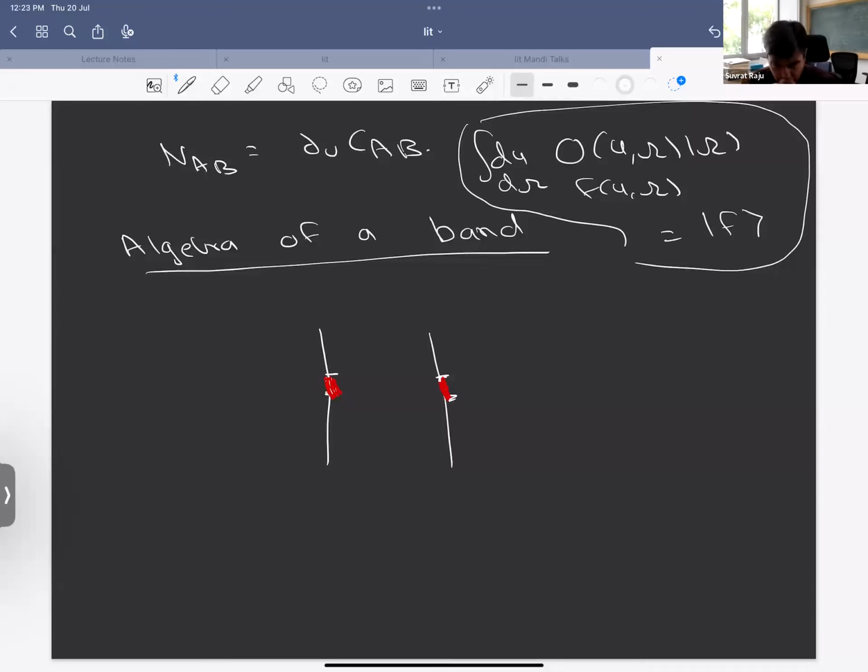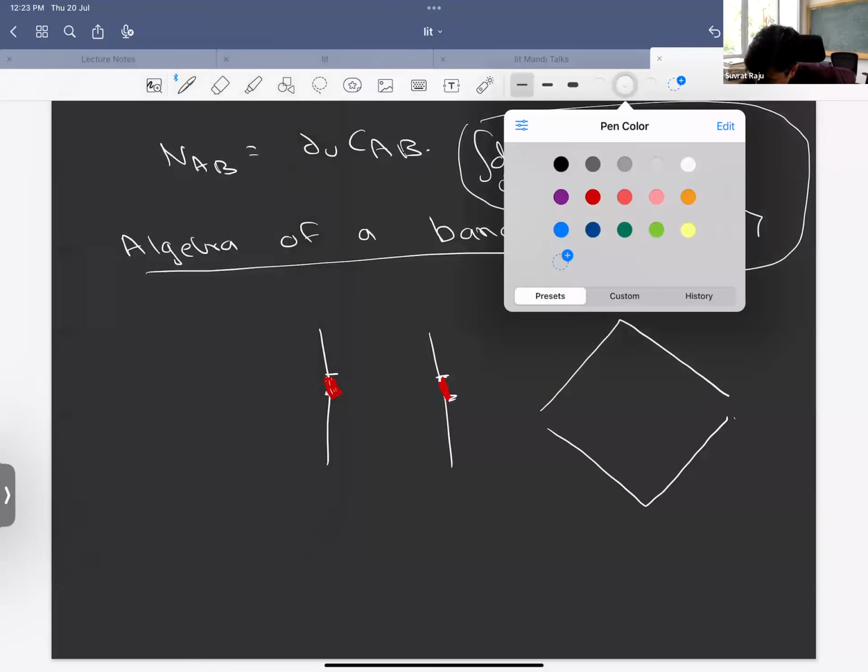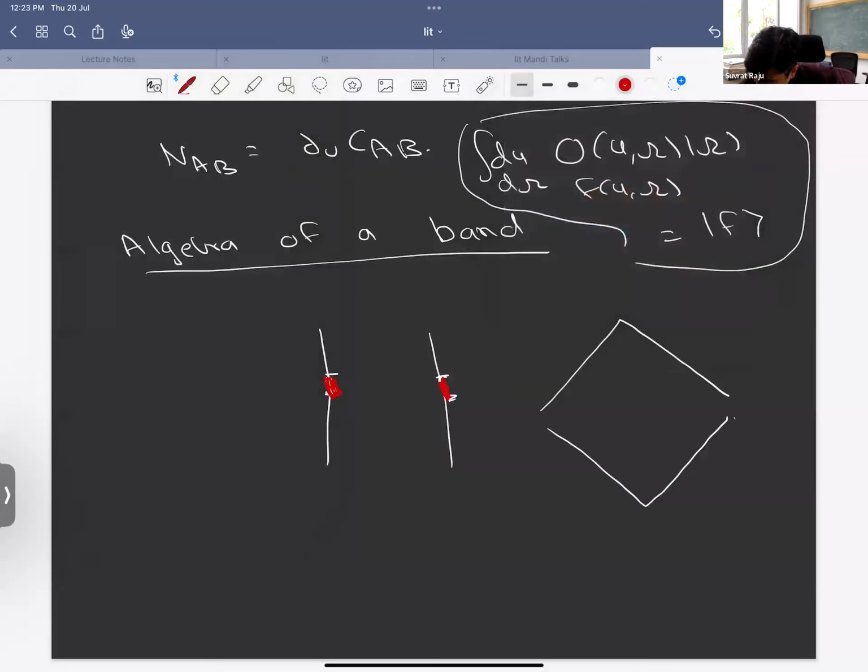Okay. So now I want to discuss a little bit the algebra of a band. So far I discussed the asymptotic algebra that corresponded to operators that live everywhere on null infinity. But now I want to restrict operators to some part of null infinity or some part of the asymptotic AdS boundary.